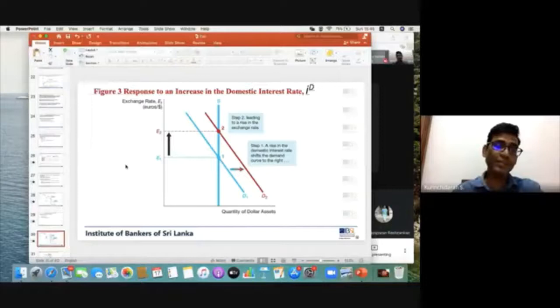So the demand curve for the domestic currency moves outwards while the supply curve is fixed. Your domestic currency value will increase, so the exchange rate will increase from E1 to E2. Your new equilibrium exchange rate is at E2.